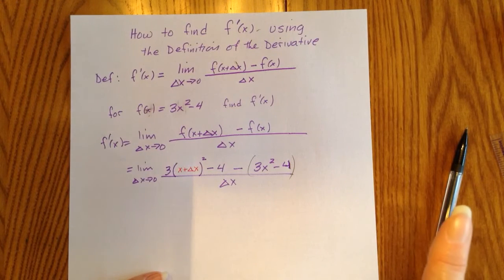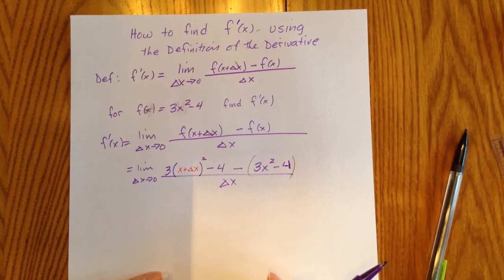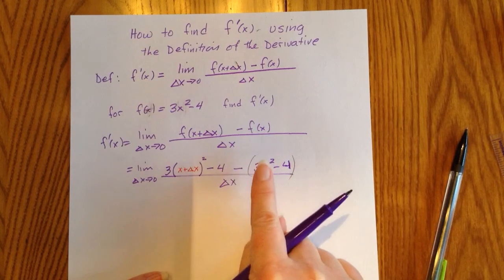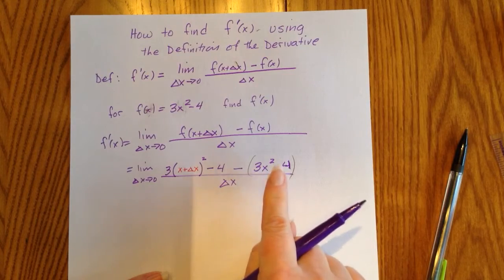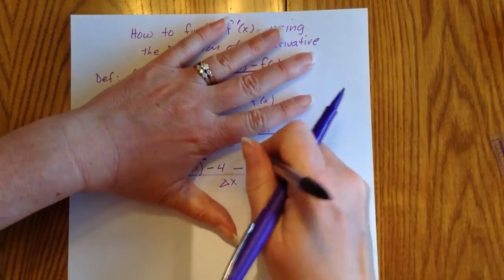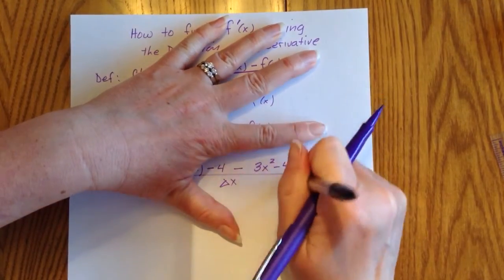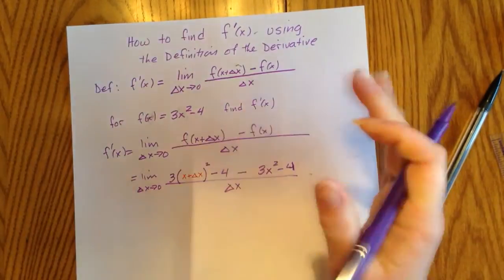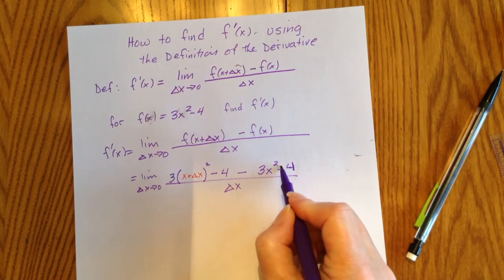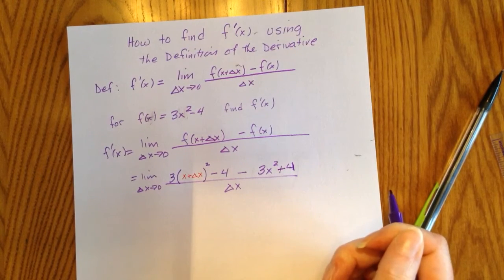Or if you're smarter than the average bear, you could just distribute the negative. This becomes a negative 3x squared and a positive 4. And because I am that smart, that's what I'm going to do. So I'm going to drop my parentheses but distribute the negative, so now this is the negative on the 3x squared plus 4.